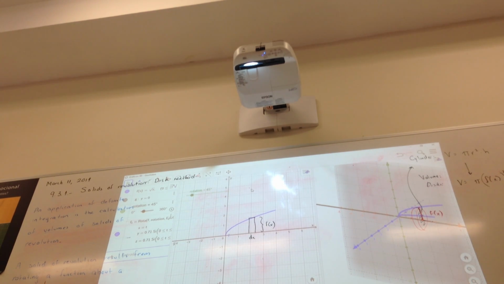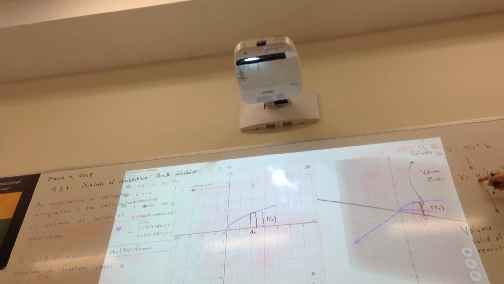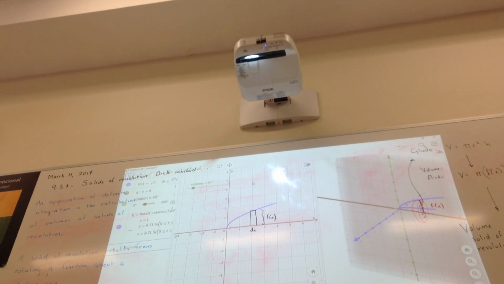If I want to obtain all of the disks together, I will need to add all of them. But we're not going to use Riemann sums here anymore. No, we're going to use an integral. Okay, we're going to use an integral now. The volume of a solid of revolution, then it's going to be pi, which is a constant, it's always pi, times the integral.